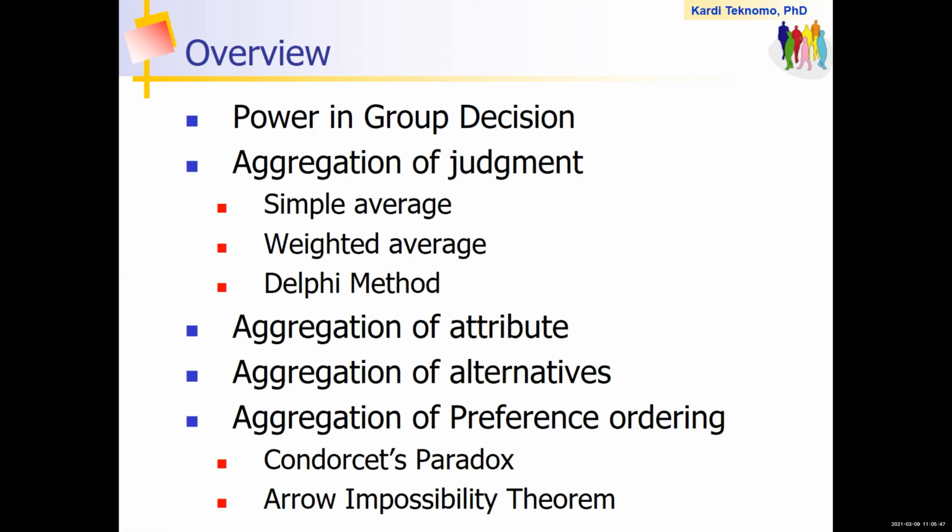So first we discuss about the power of group decision, and then based on aggregation of judgment or aggregation of attribute, aggregation of alternative, and then we discuss about preference orderings, okay, with paradox and Arrow impossibility theorem. This is the one that we will discuss in this lesson.